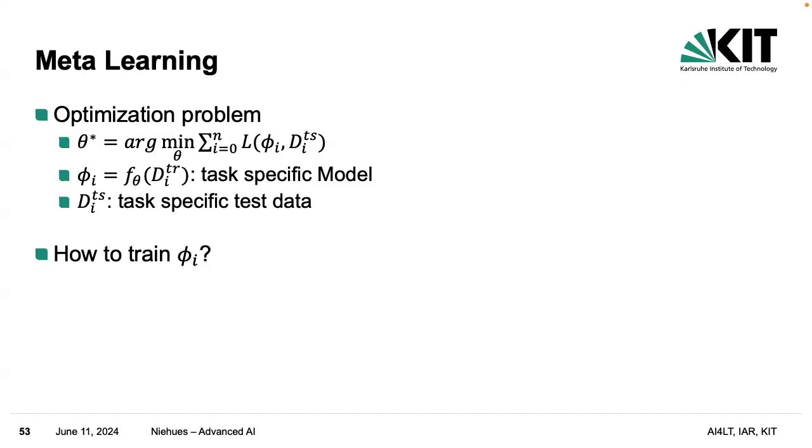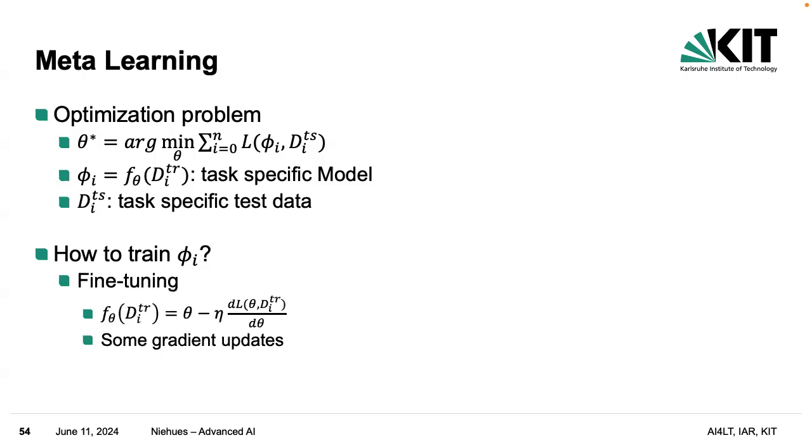What did we do all the time? How do we get from the initial model to the task-specific model? Yes? We do gradient descent. Yeah, the fine-tuning, which is exactly the gradient descent.